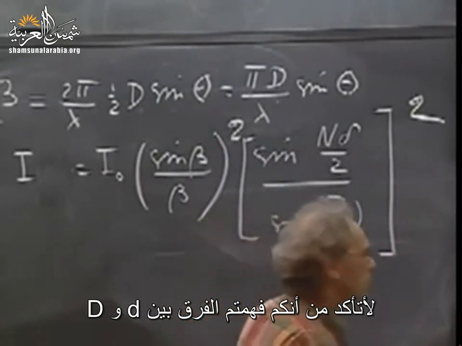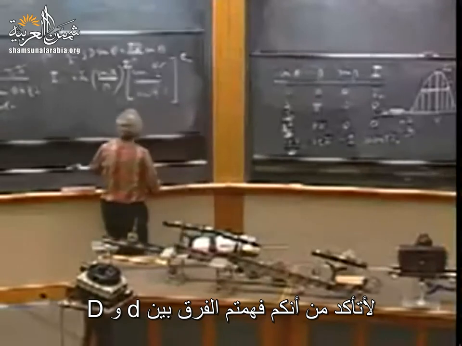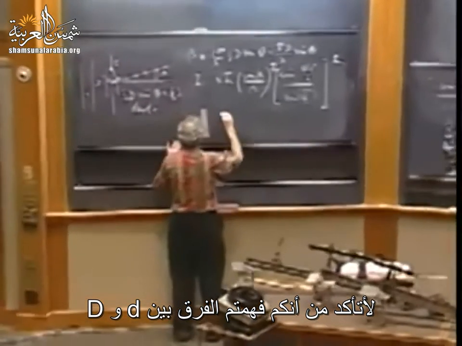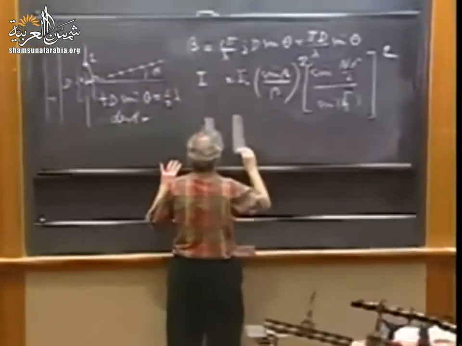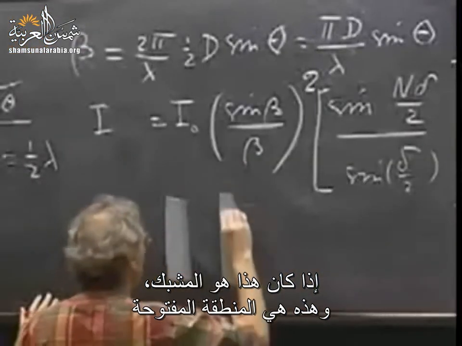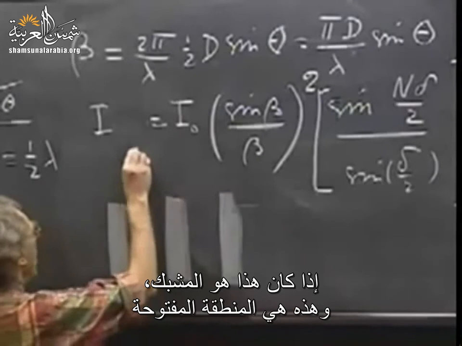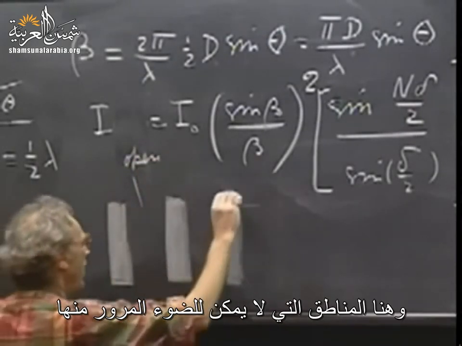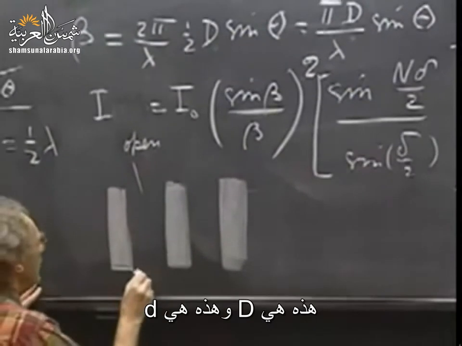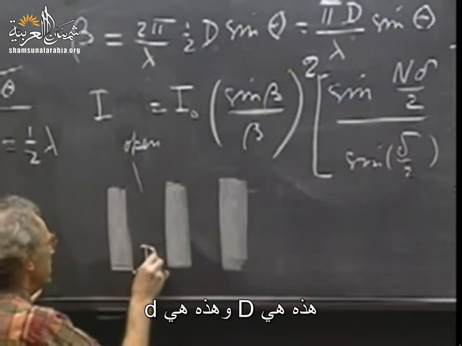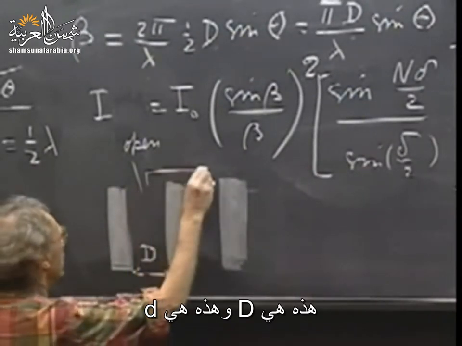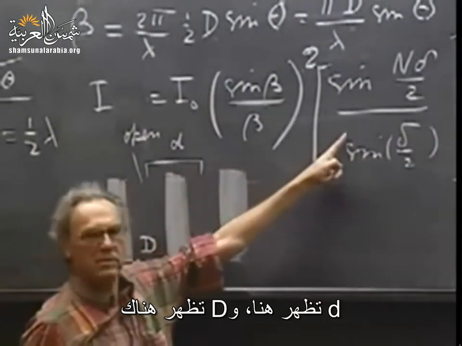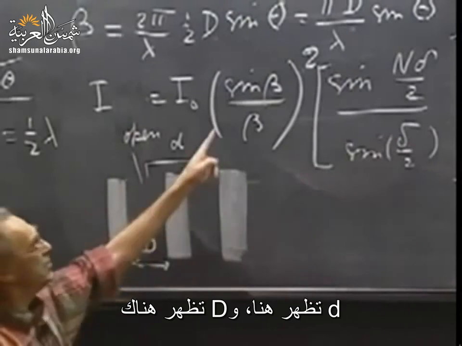So to make sure that you understand the difference between capital D and little d, if this is my grating, and this is the open area, and this is, say, where the light cannot go through, then the definition of little d is this, and the definition of this is capital D. And that little d shows up in here, and this capital D shows up in there.